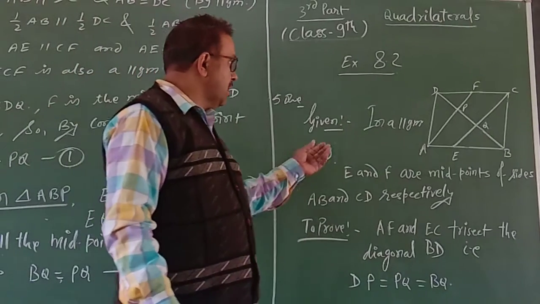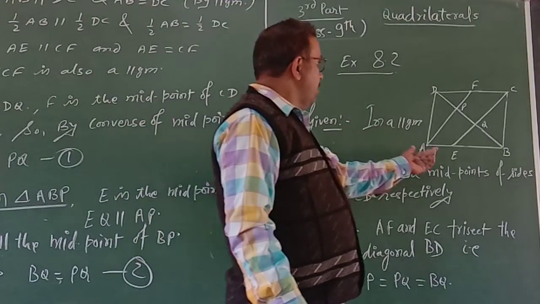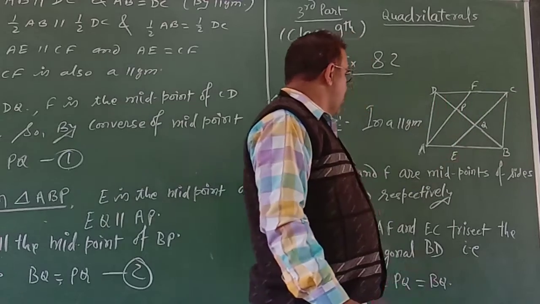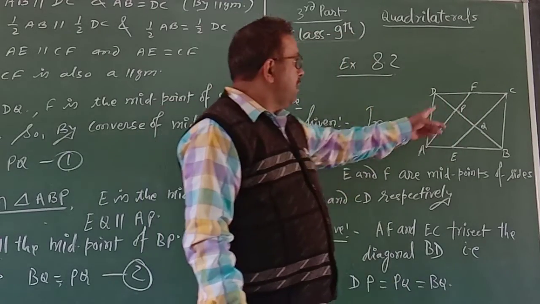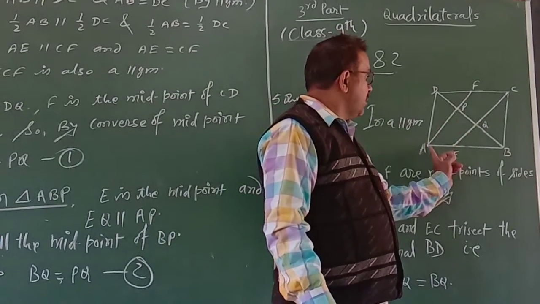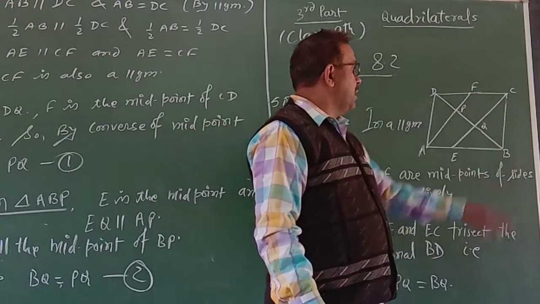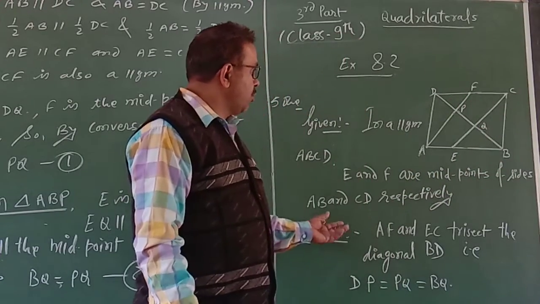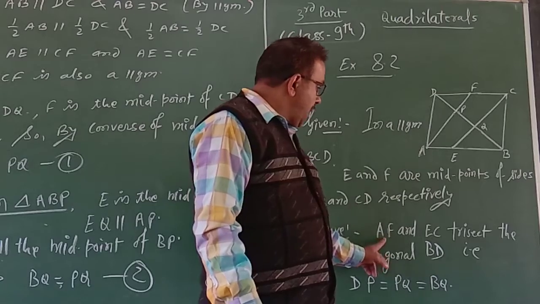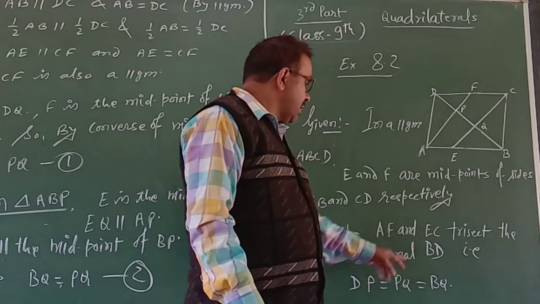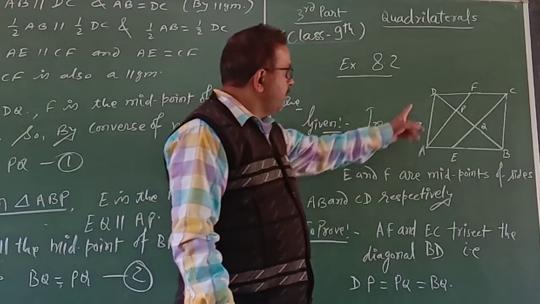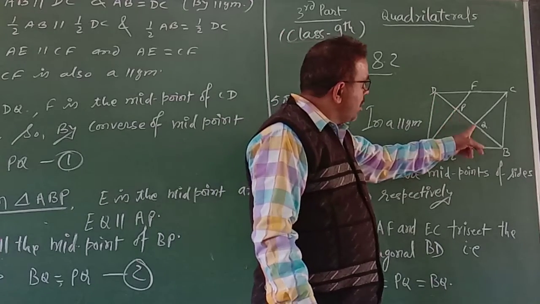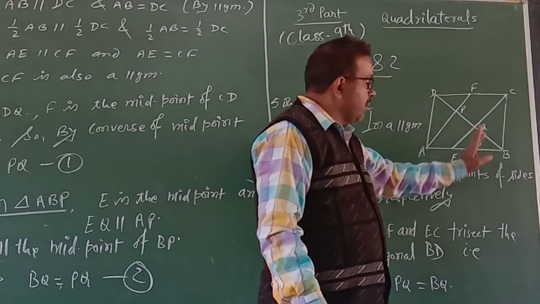The meaning of this question is that we are given parallelogram ABCD, and E and F are respectively the midpoints of AB and DC. Now we need to prove that AF and EC trisect the diagonal BD, that is, DP is equal to PQ is equal to QB.